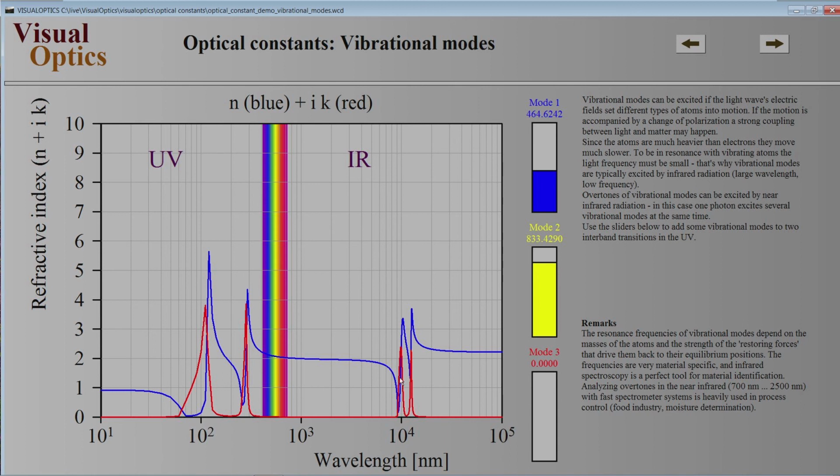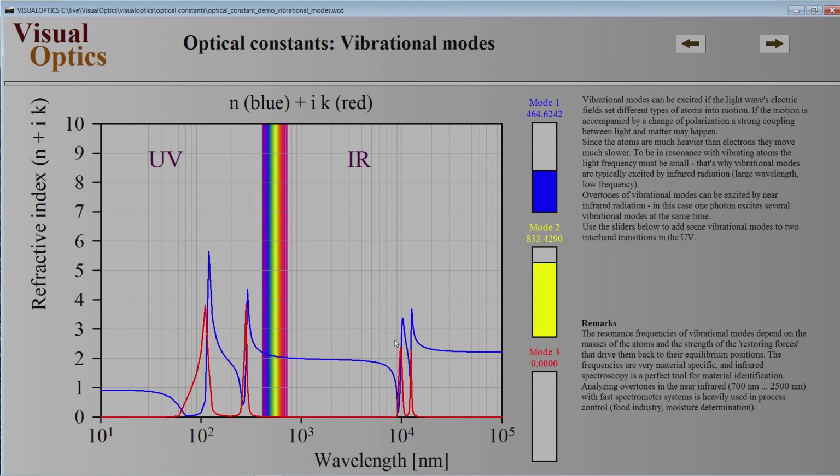The exact position of these absorption bands actually depends on the masses of the atoms and the forces between the atoms that hold them in their position. So it's a kind of mass and spring system that you try to accelerate very slowly with typically mid-infrared waves with 10 microns wavelengths on the average.